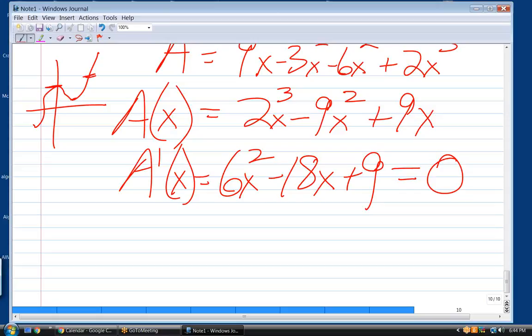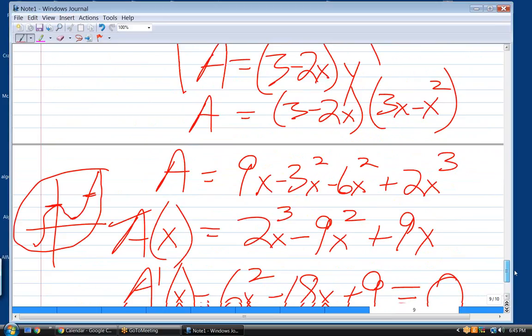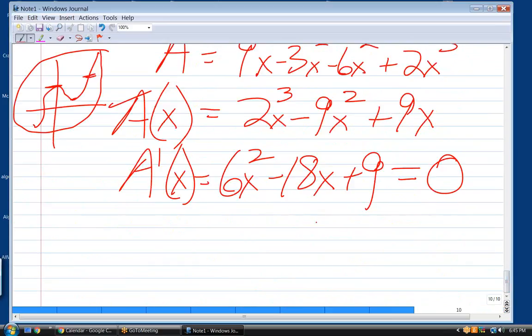Well, when you have a cubic function as your area function, cubic functions typically have two local mins and maxes. One's a local maximum, one's a local minimum. Well, we're looking for where this rectangle has the maximum area. Well, let's see.